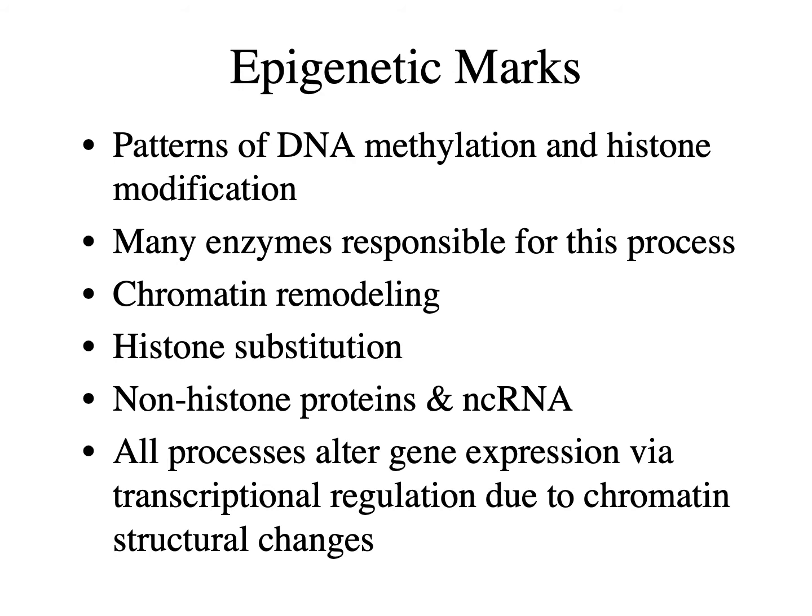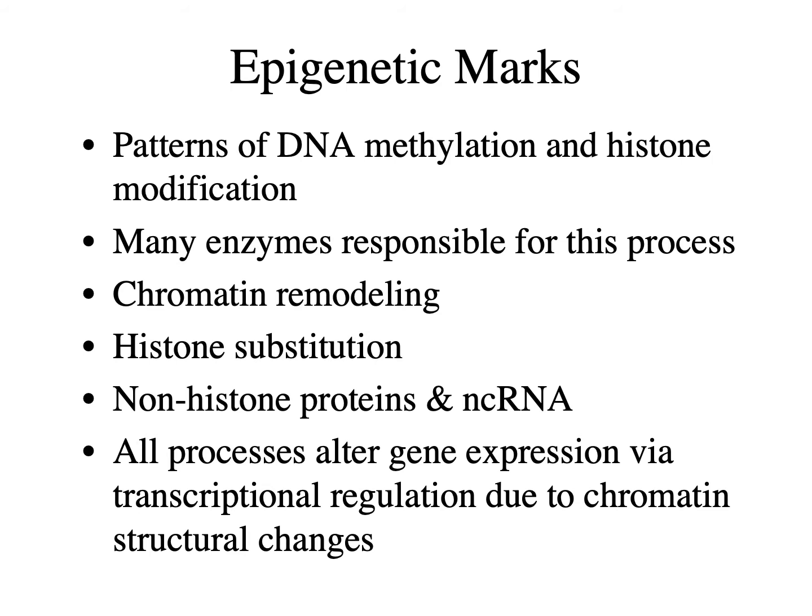And there are many different enzymes responsible for carrying out these epigenetic marks, and people can categorize them into writers, which are the enzymes that add the modifying groups, and erasers that can remove the modifying groups, because this is a dynamic process. So we have to think about the concept of chromatin remodeling.